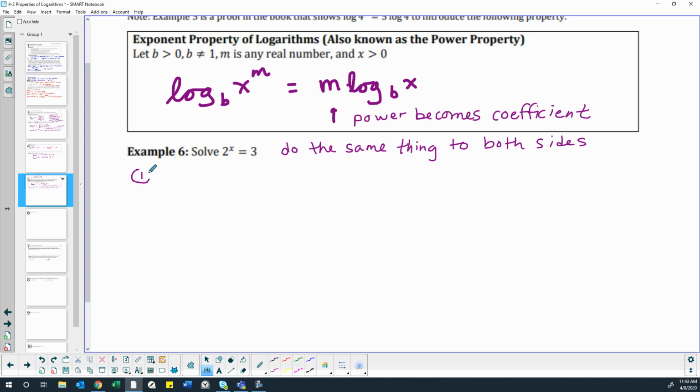So step 1, I'm going to take the log, or ln, either way, because either one can go in our calculator, of both sides. So that's going to turn my equation into log 2 to the x equals log 3.